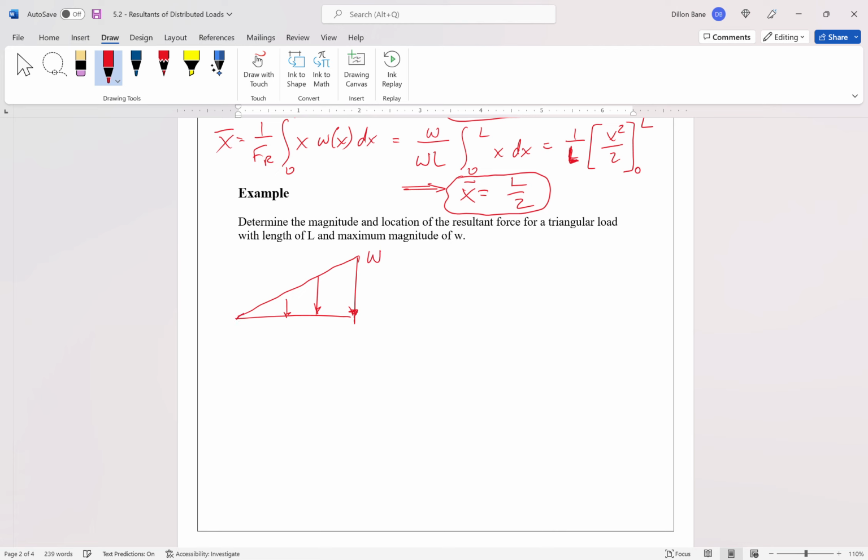It would be 0 on the left side. And again, we have some length L to this load. This time W is not constant, right? So this line becomes W of X, right?